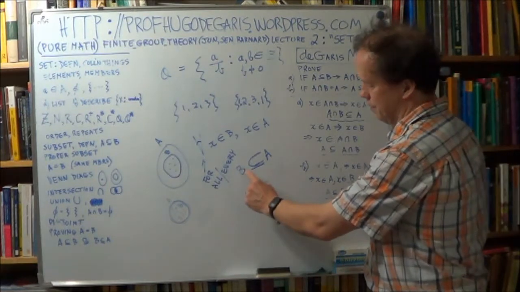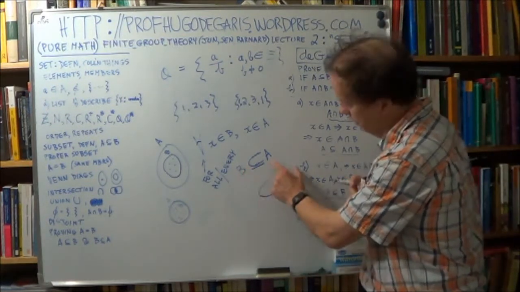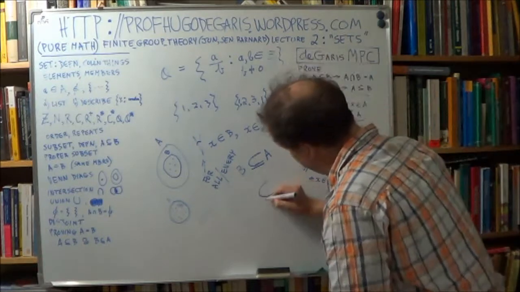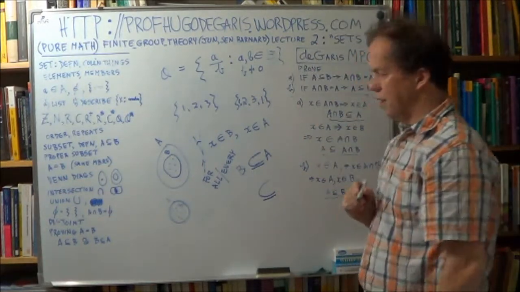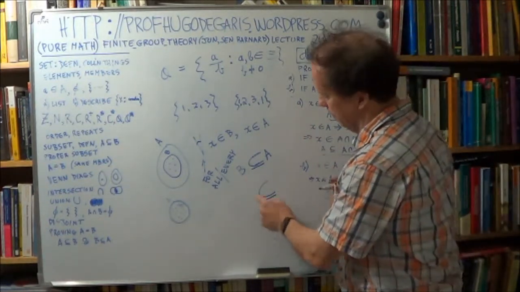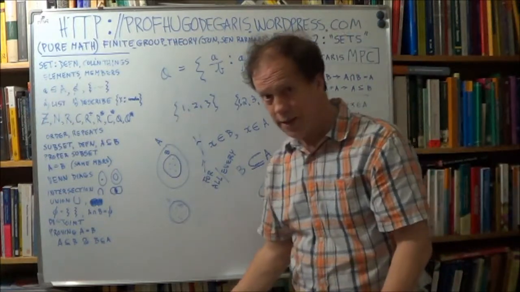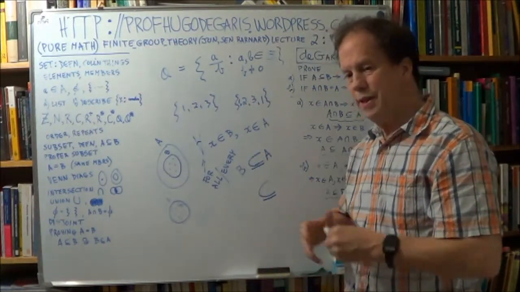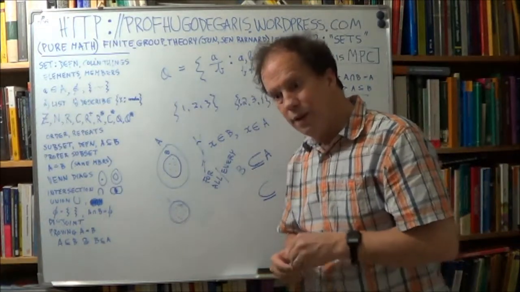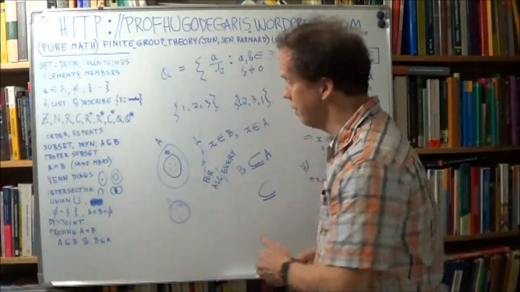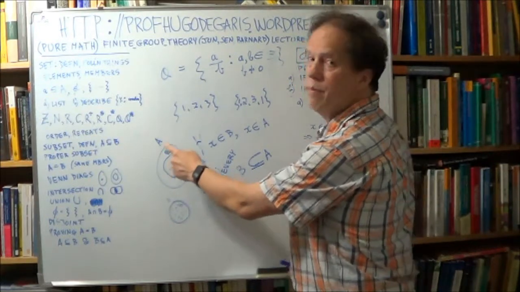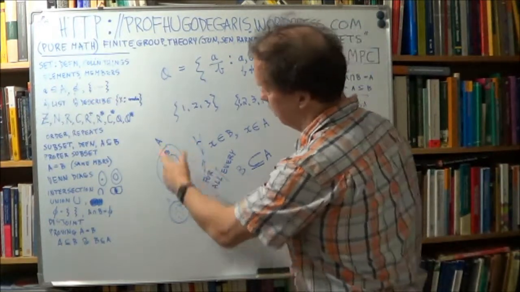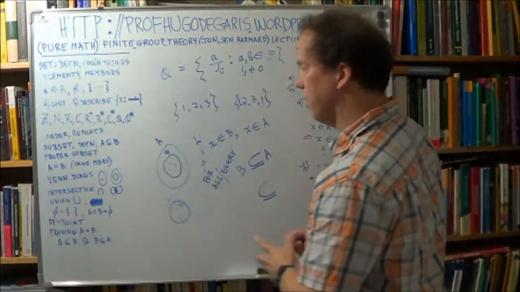Let's say B is strictly smaller than A, but if you have this bar underneath, that allows for the possibility that A and B are in fact the same set, right? So a subset can be the set itself, right? So B could be A. That's a possibility.